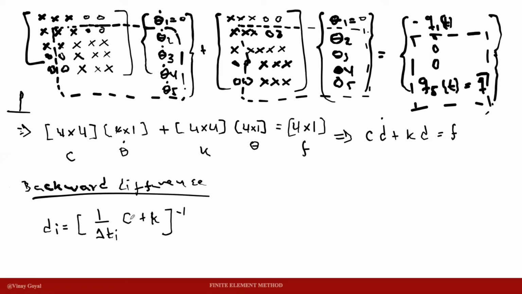We need to invert this term to solve for d_i, where i is the time step that we want to know. Because of this inversion, this method is more computationally expensive. However, it is more stable. So that's why I choose this one.